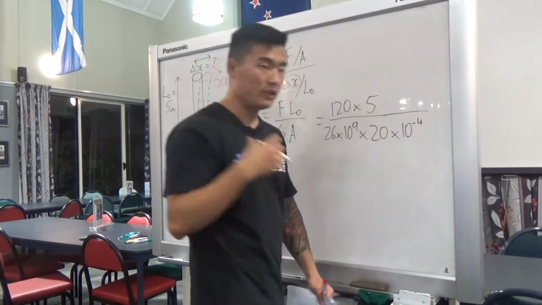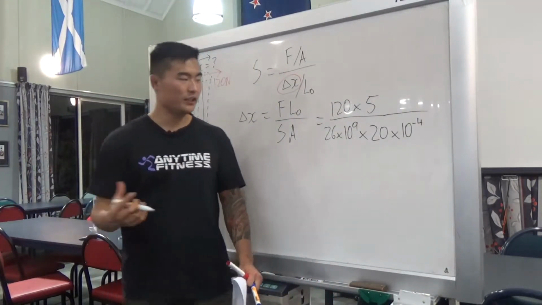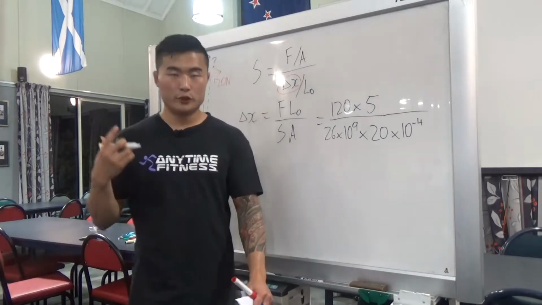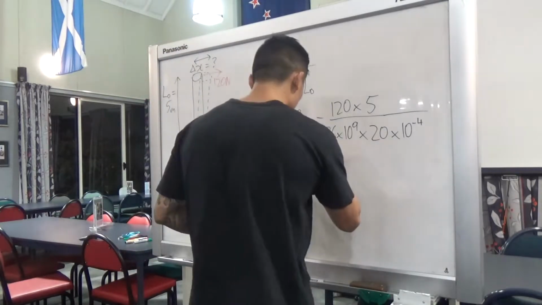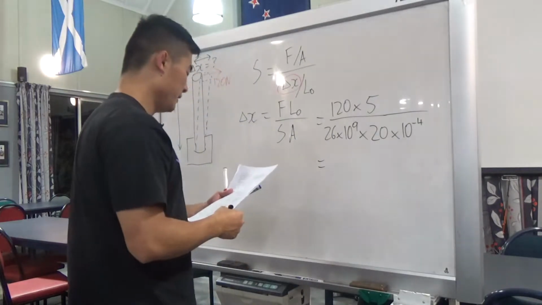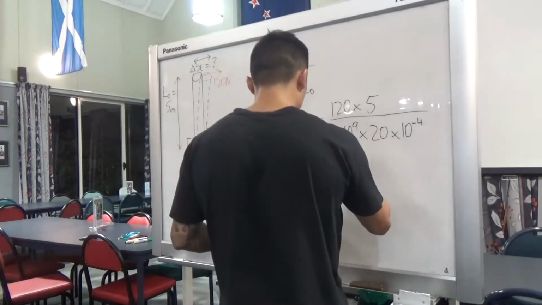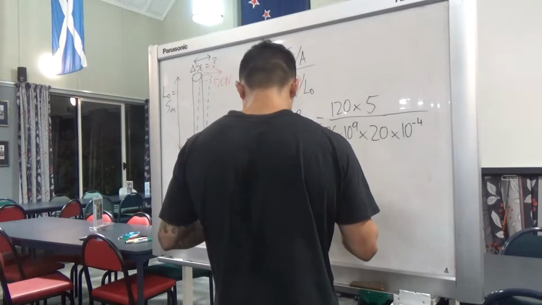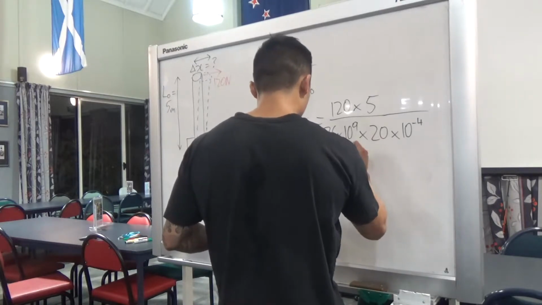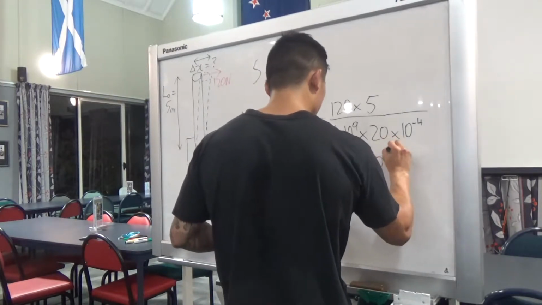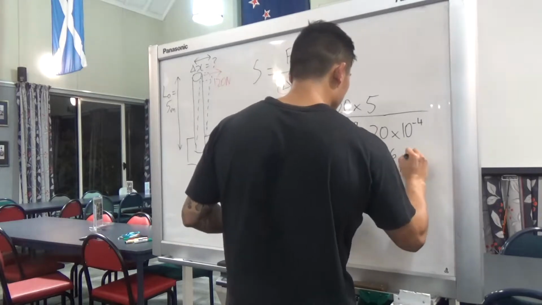So remember, we have to convert that into meters squared. So 20 times 10 to the negative 4 meters squared. And if you do that in your calculator, that will give you 11.5 times 10 to the negative 6 meters.